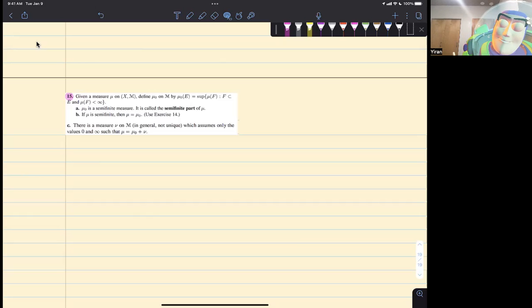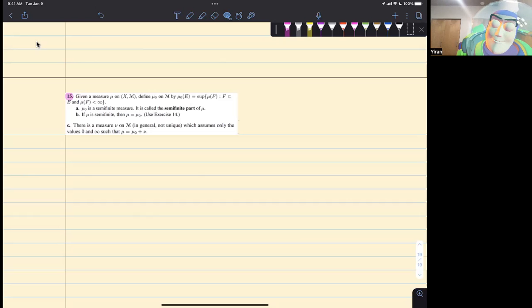Okay, so wait a second. Something is wrong. Sorry. Okay, so we have this inequality as desired. Hence, we obtained equality, right?